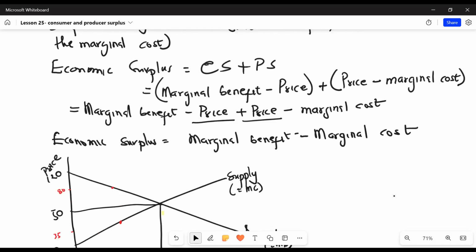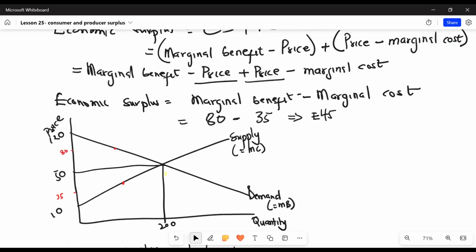So if you buy a pair of jeans and it gives you a marginal benefit of 80, but the marginal cost of producing that pair of jeans is 35, then the economic surplus from this transaction is £45.